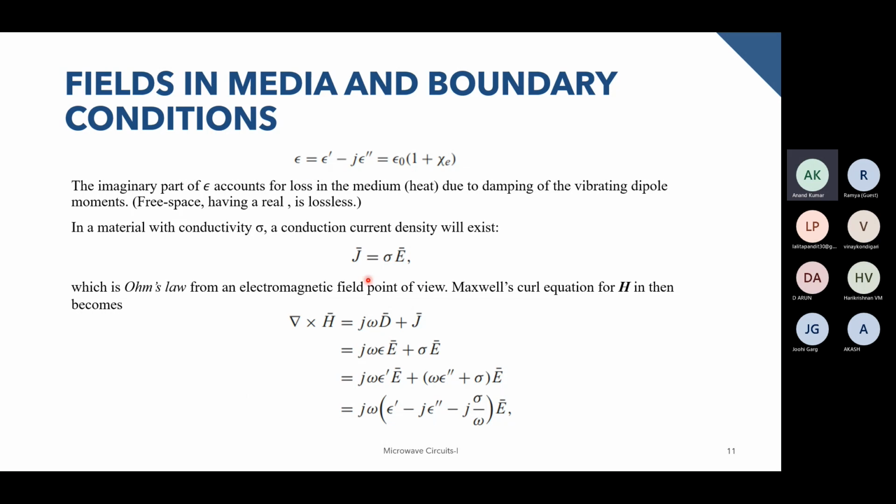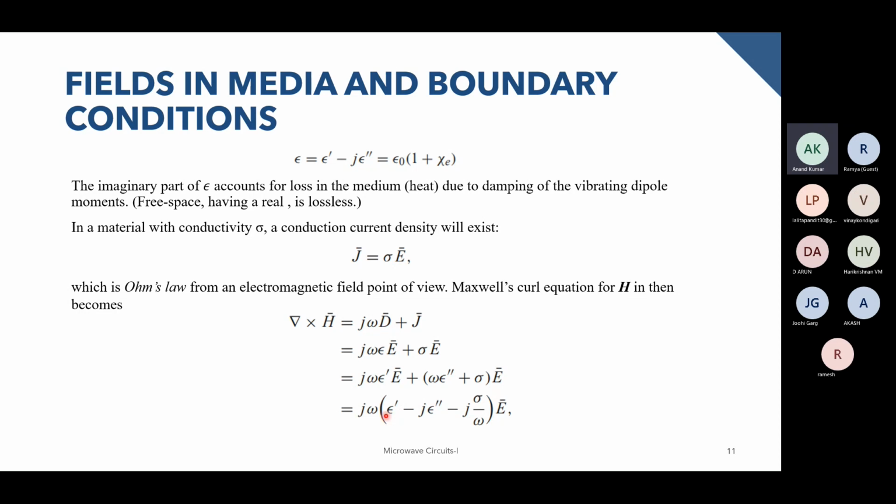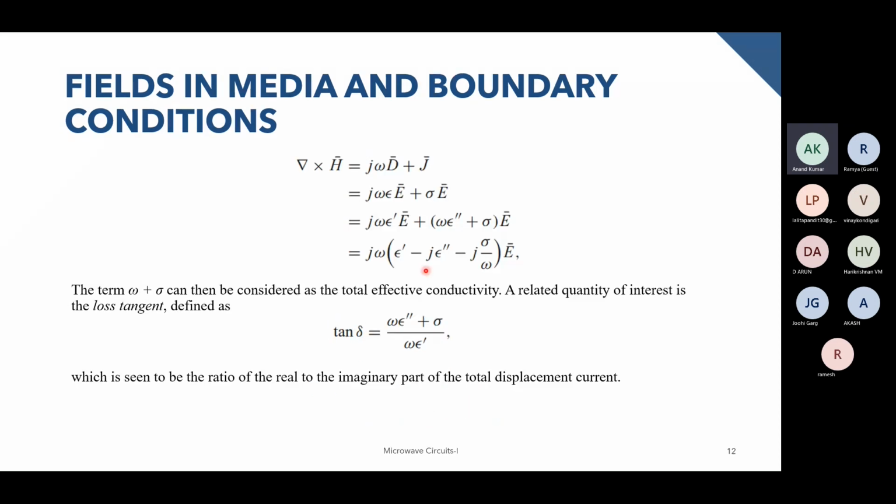Similarly, we took Ohm's law, modified it, and then modified the Maxwell's equation for the magnetic field to get the relationship in terms of the relative permittivity. So we replace this term as epsilon, that is the relative permittivity, and then we define the term known as the loss tangent.